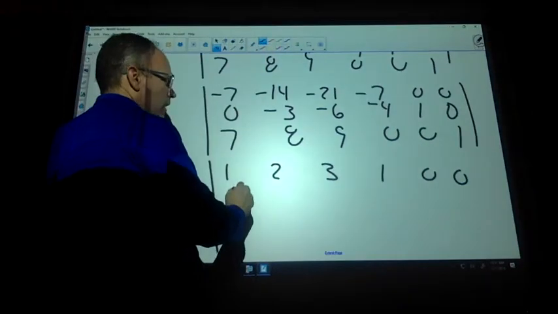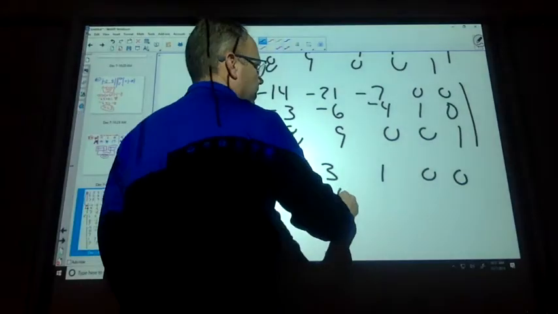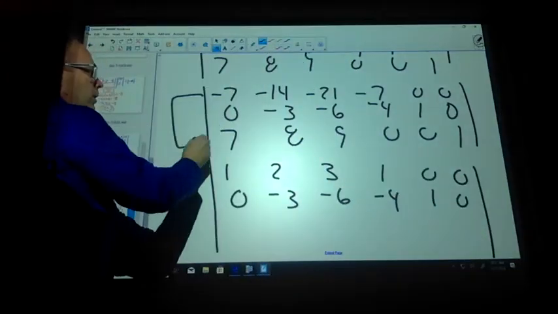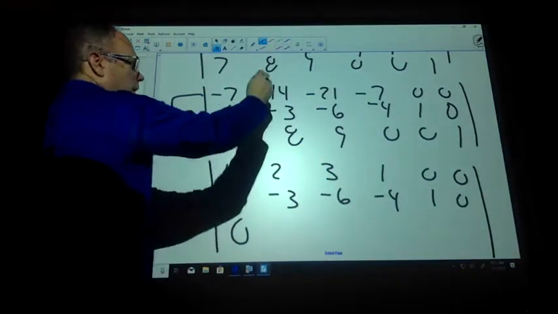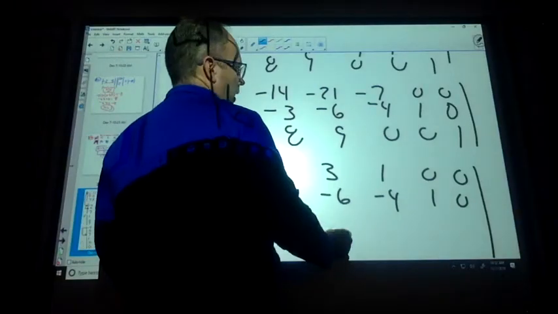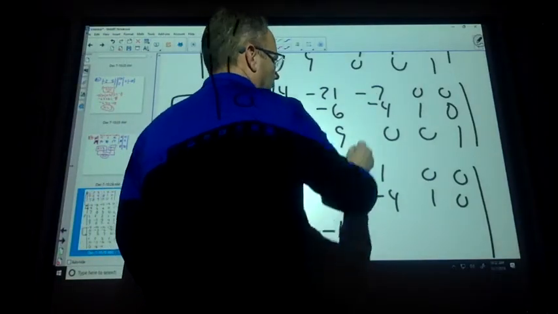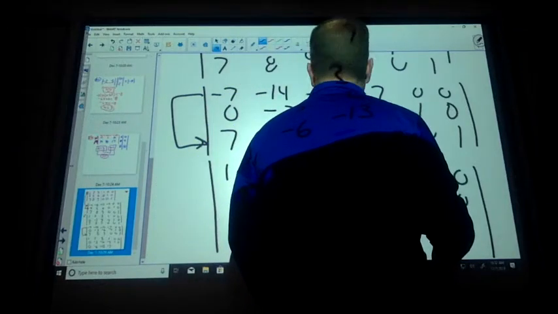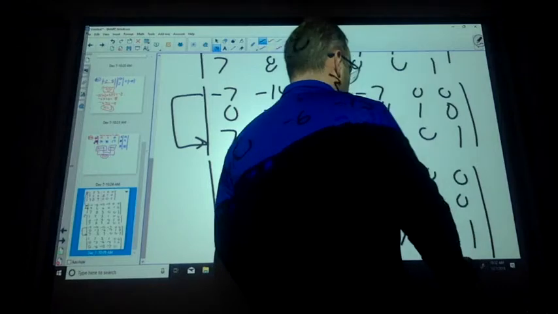My second row stays as is for right now. So I'm going to add these rows together, so I get a 0 here, I get a -6 here, I get a -13 here, -7 here, I get 0 and a 1.